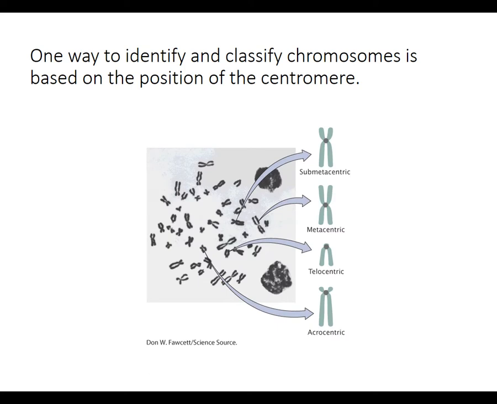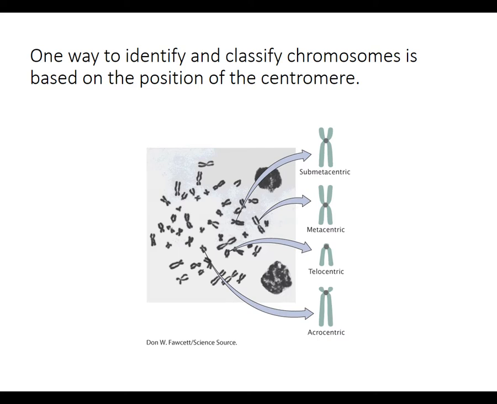Now, one way to identify and classify chromosomes, if you're a cytogeneticist looking at an image like the one shown here, which is what you would see under the microscope, is partially based on how the centromere is positioned. They also measure the arms of the chromosome, but partially you can do it based on how the centromere is positioned. And so we have names for centromere positions. One is metacentric. Metacentric is the second one on the list. It's where the centromere is exactly in the middle of the dyad chromosome.